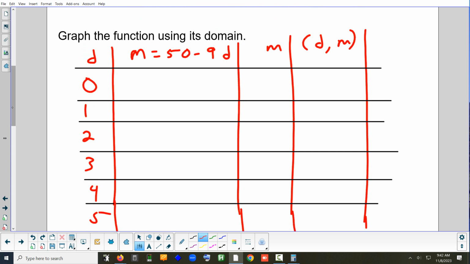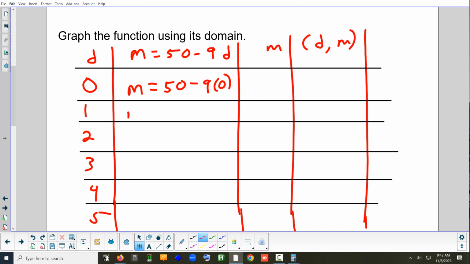So now in the second column, you're going to write down your formula. The amount of money you'd have left if you buy one DVD is 50 minus 9 times 1. What about the 0? 9 times 0, yeah, there you go. They're assuming each DVD costs $9.